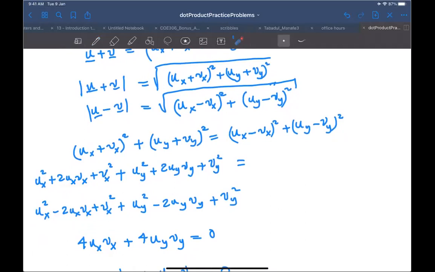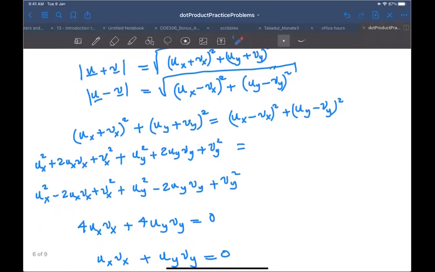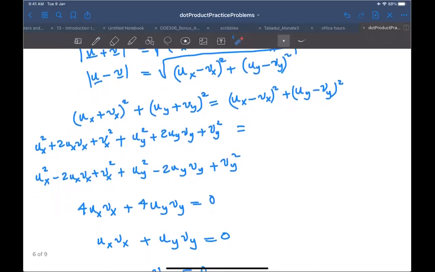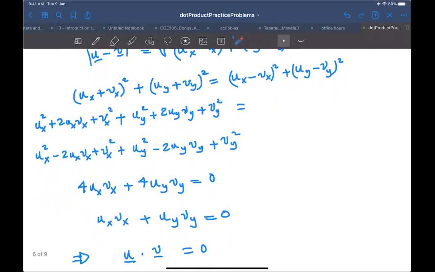If you divide by 4, you get Ux Vx plus Uy Vy equals 0. What is this? This is the definition of the dot product. So this thing here is nothing but the dot product of U and V, and this equals 0. So this is the condition here.